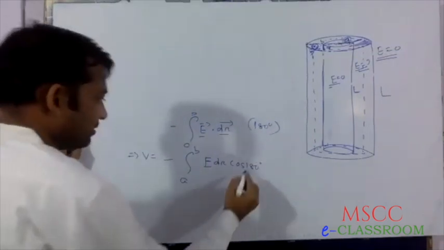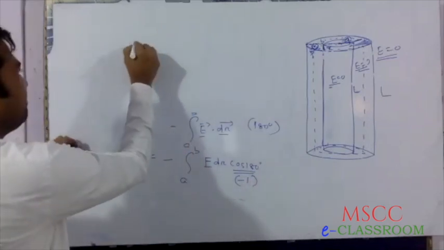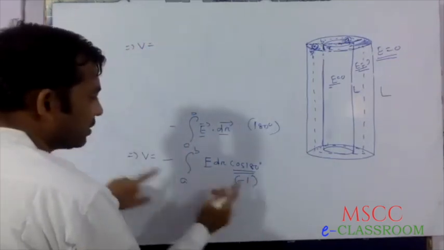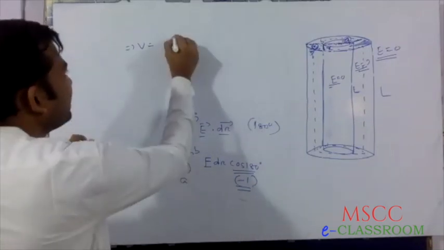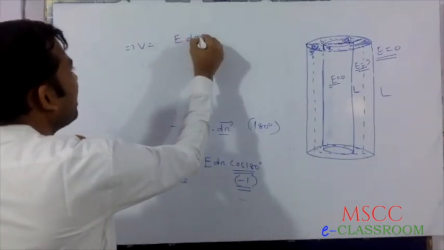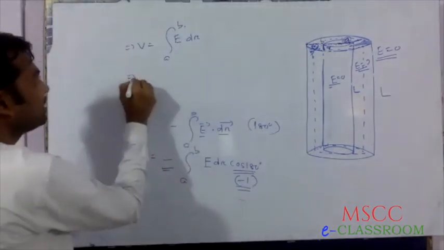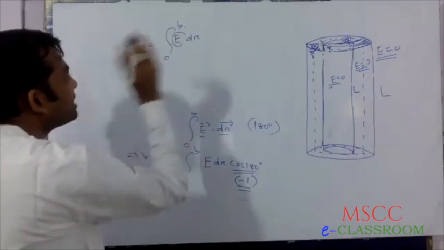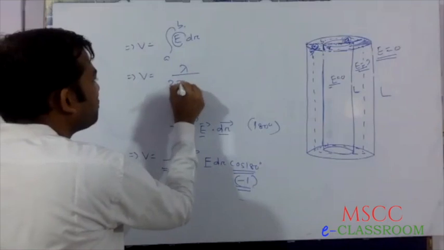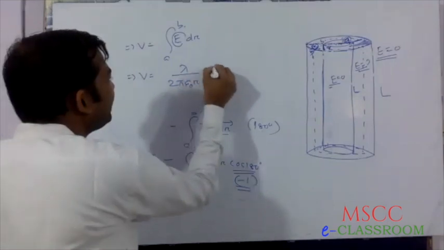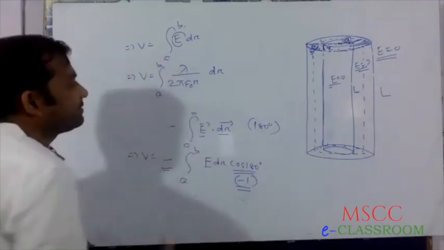That implies cos 180 is minus 1, so V equals plus integral E dr from A to B. Put lambda by 2 pi epsilon naught R in place of E, dr, integration from A to B.